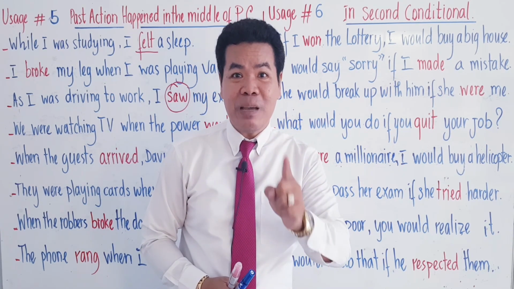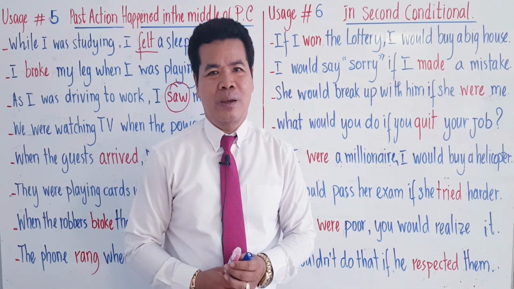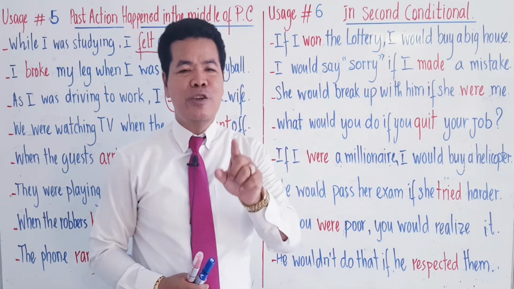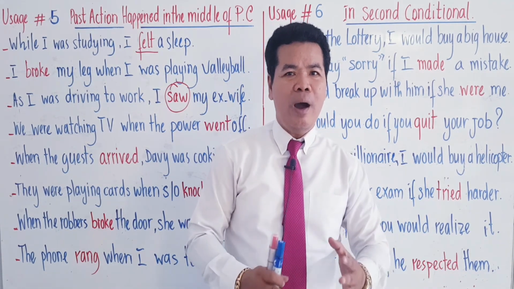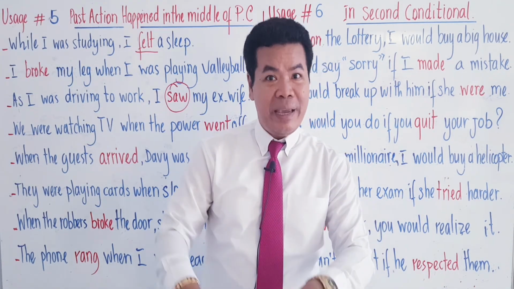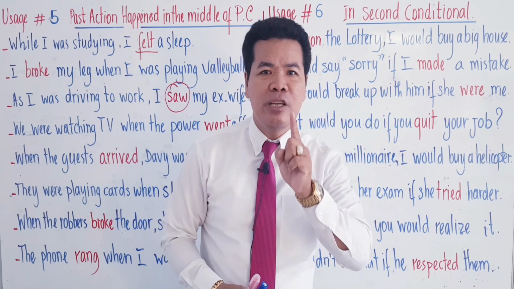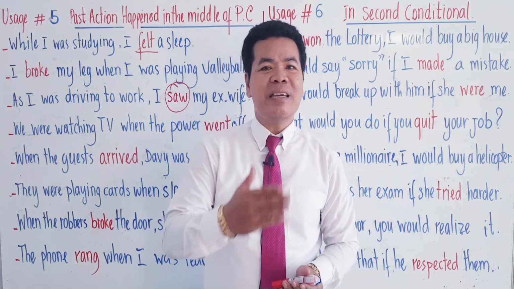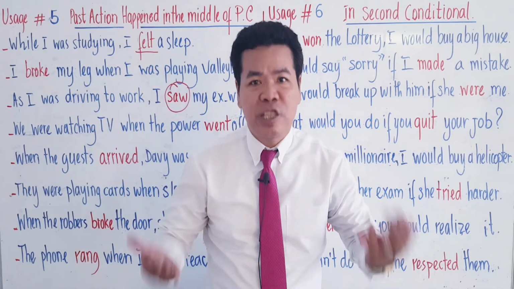But 99% you did not win the lottery. That's why we use the second conditional to talk about situations or actions in the present or in the future that are not likely to happen, or are imaginary, or hypothetical, or impossible.